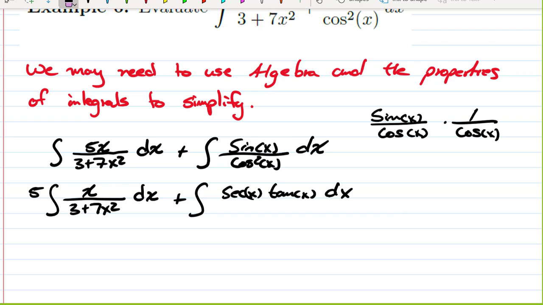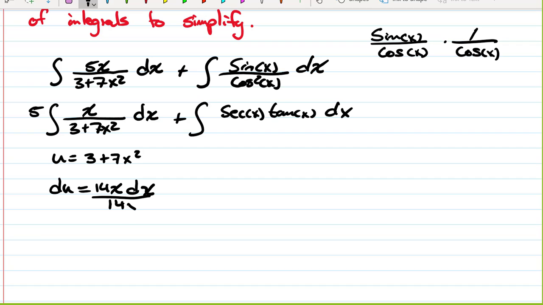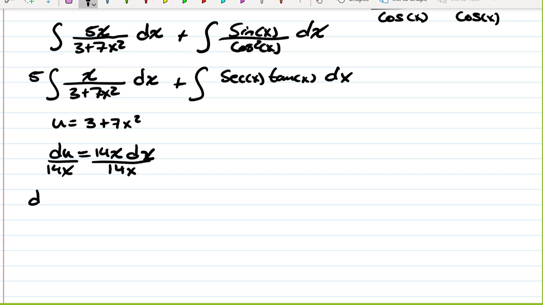So now we need to start trying to integrate this. In our first one, we're going to pick u to equal 3 plus 7x squared. Then our du is going to be 14x dx. We divide by 14x, and that gives us dx is equal to du over 14x.